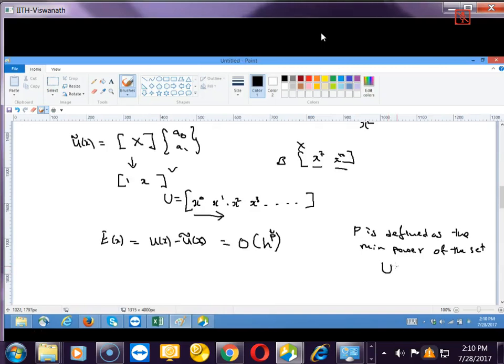If I take this one, x to the power of 0 and x to the power of 1, the minimum would be x to the power of 2. So the p would be 2 in this case. So p is defined as the minimum power that is left out after you remove the basis functions from the universal set. So it is always better to have this power as high as possible.